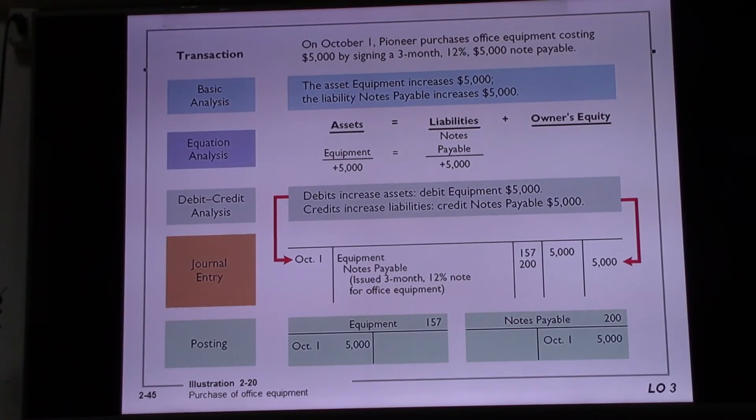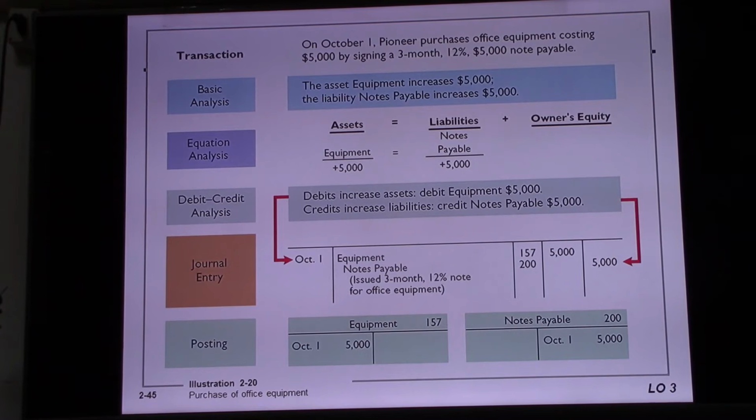Then you should journalize this entry. Any increase in assets should be debited, so equipment will be written on the first line by its debit amount, $5,000. And for notes payable, our liabilities increase, and when there is an increase in liability, it should be written on the credit side by $5,000. After the journal entry, you should post this transaction to the T accounts, to the general ledger.